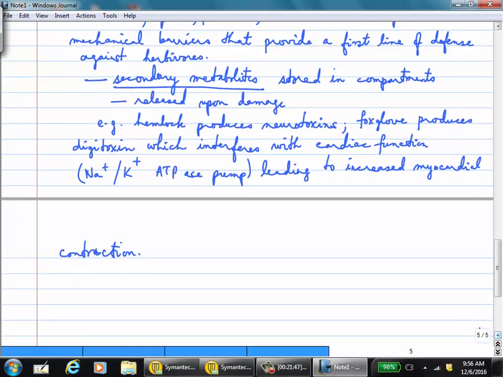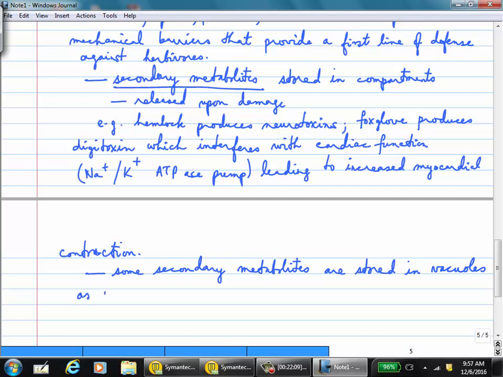Now some of these metabolites are also stored in vacuoles. So some secondary metabolites are stored in vacuoles as water soluble sugar conjugates.